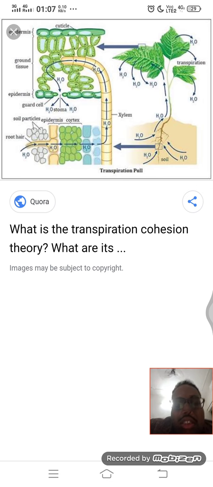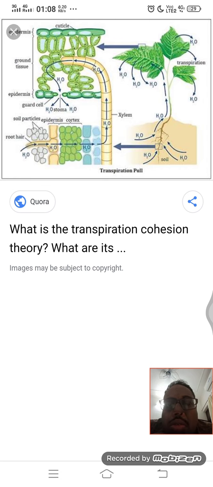And if you see this diagram, we can see that when the stomata is opened, water will move out of the plant as water vapor. So there will be a vacant space created.